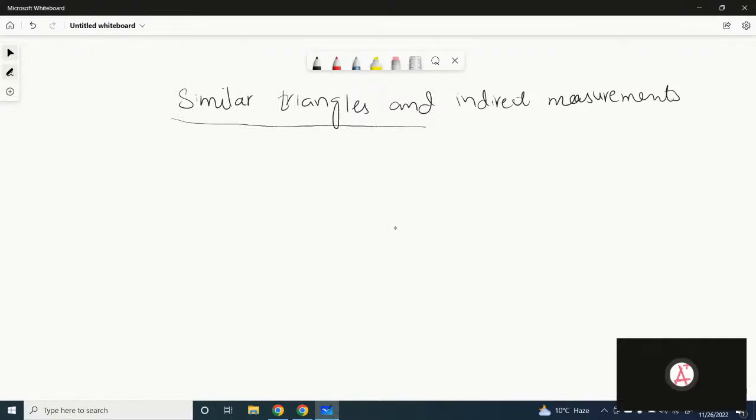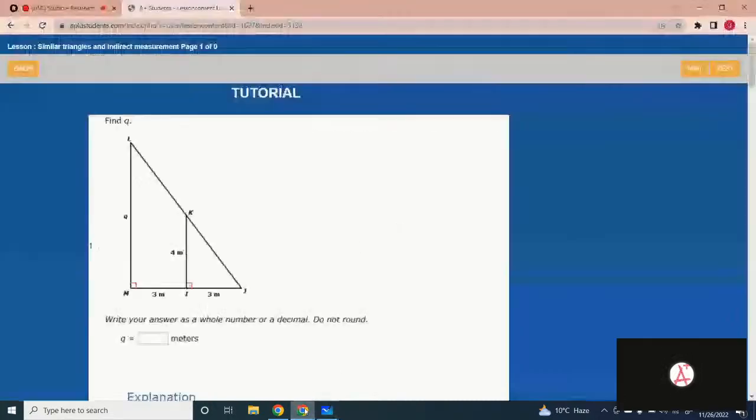Okay, let's start with the lesson. So I'm on the topic similar triangles and indirect measurement. You can find the lesson on grade 9 maths. Chapter name is geometry, and the lesson name is similar triangles and indirect measurements.